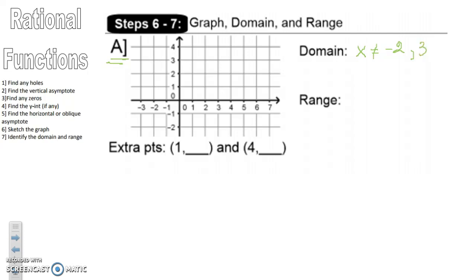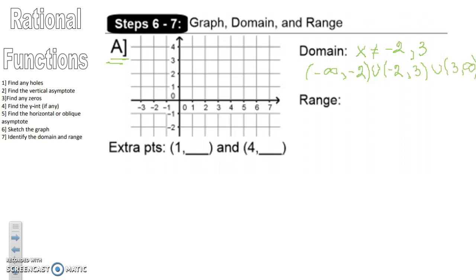Please note, I do not want to see domains written out in this format. You have to get in the habit of writing them in interval format. So we're going to start at negative infinity, go up to our smaller value, not including that value, and then union from negative 2 to 3, union from 3 to infinity.